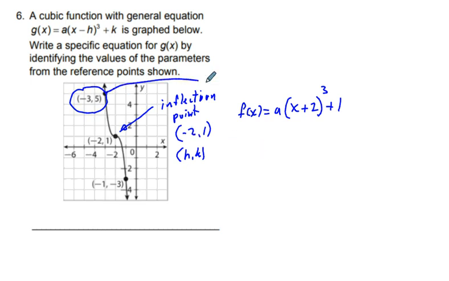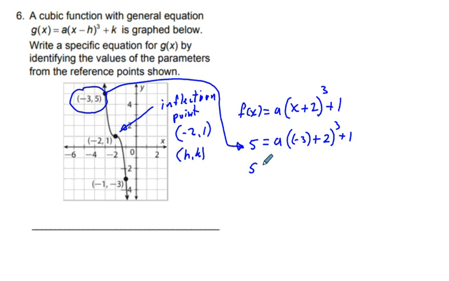So if we take this point here, -3, 5, we have the output of 5 equals a, and we have x, which is -3, and then we have here +2 cubed plus 1. Now we can just go through the simplification here.